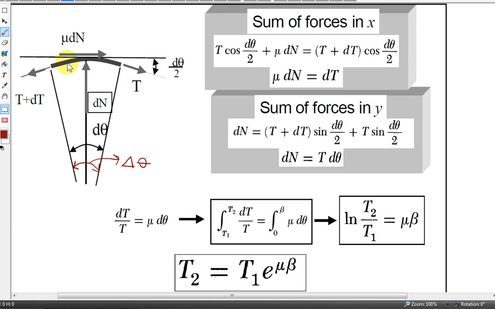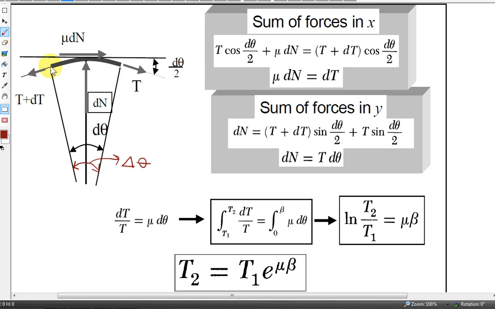So we look at one small piece of the belt, and since the tension is varying in the belt, since we're dealing with friction here, let's make the tension at this end of the segment T and the tension at this other end T plus dT. Let's assume that dT is positive, so there's a greater force on this end of the segment than there is at this end here.